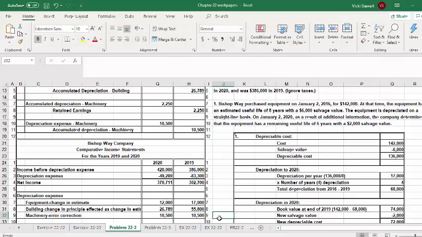So the spreadsheet has been calculating these amounts, and we have the income before depreciation expenses for this year, and then the prior year, and the new amounts, and we have net income for each of the 2 years as shown or as corrected. And that is the conclusion of the demonstration for problem 22 2B.